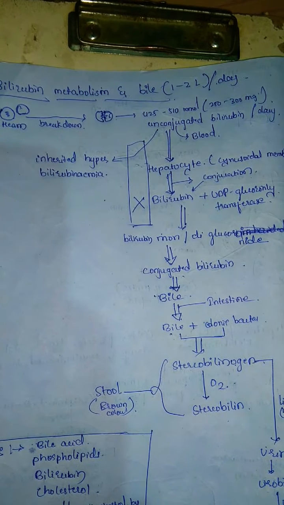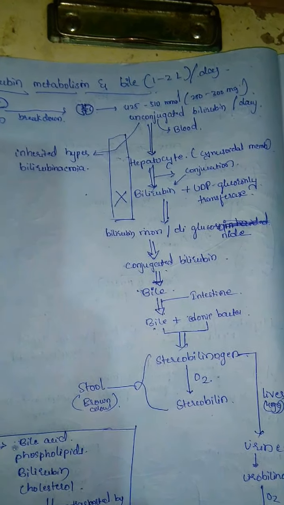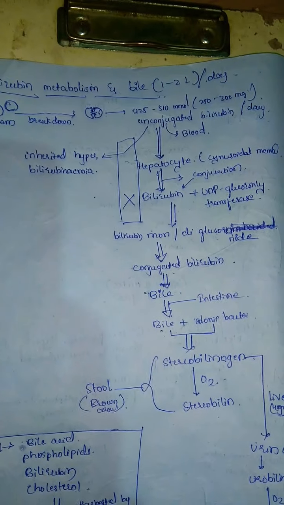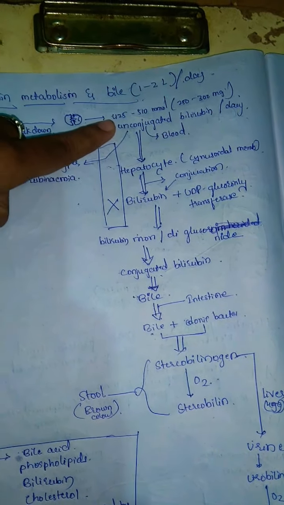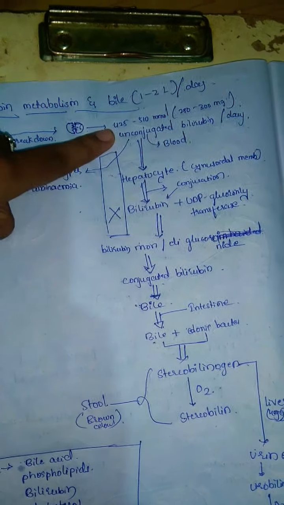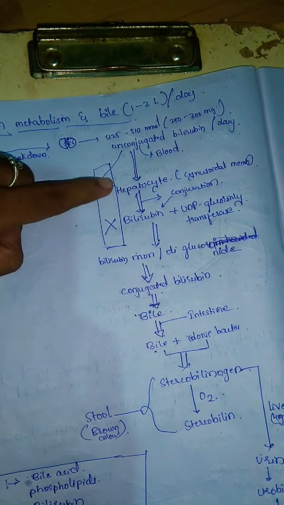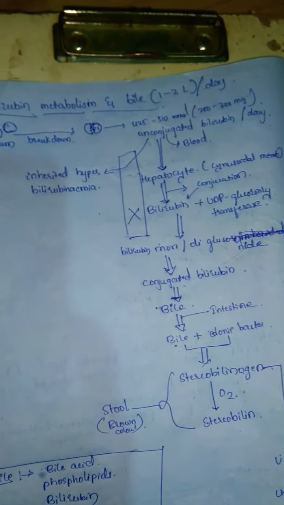So how does conjugation happen? The unconjugated bilirubin is taken up by the hepatocytes at the sinusoidal membrane from the blood, for conjugation purposes, obviously.